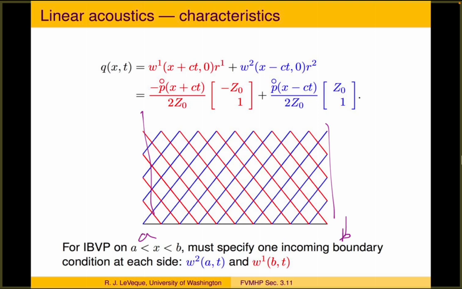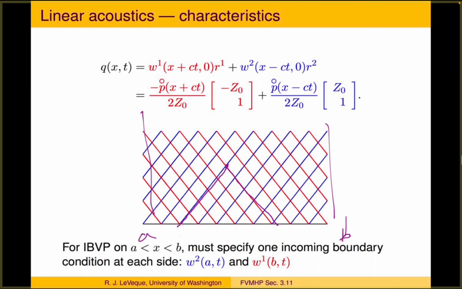But what we see is that if we look at an arbitrary point, say this point, we can trace back one of the characteristics to this point and the other characteristic to here, and we can calculate the solution at that particular point exactly in terms of the initial conditions at 2 points.